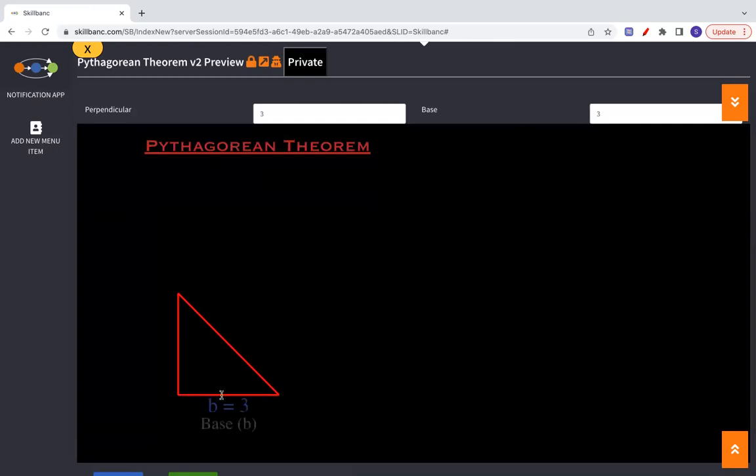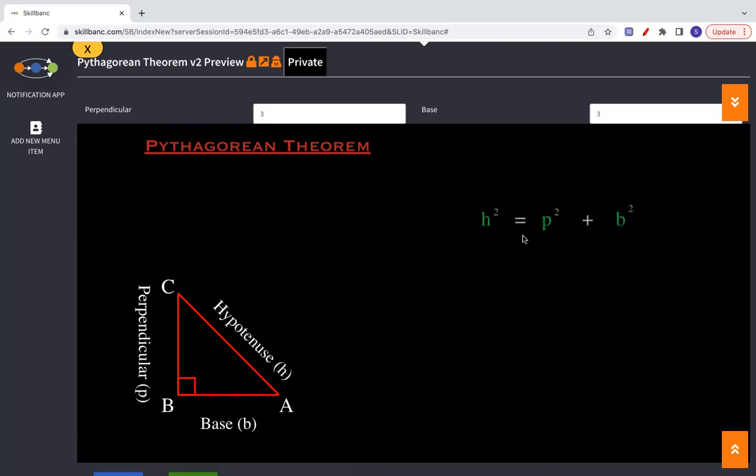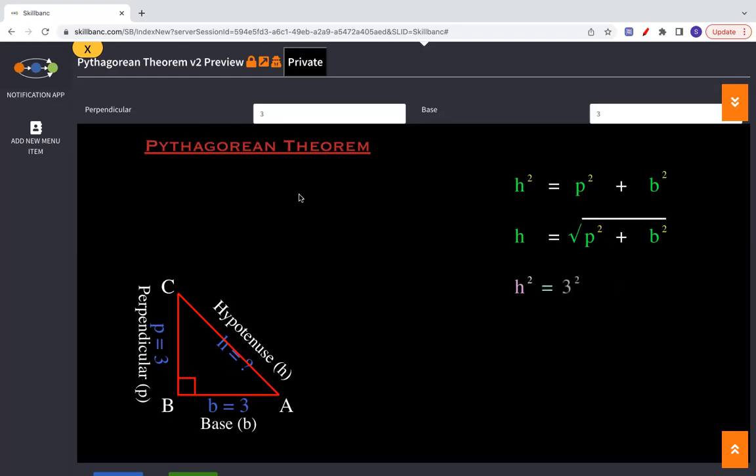We're going to talk about what is the base, what is the hypotenuse, what is the perpendicular, and what is the formula behind the Pythagorean theorem: p square plus b square equals h square. Then you just calculate for the values that you are given, in this case 3 and 3. So it'll just compute that.